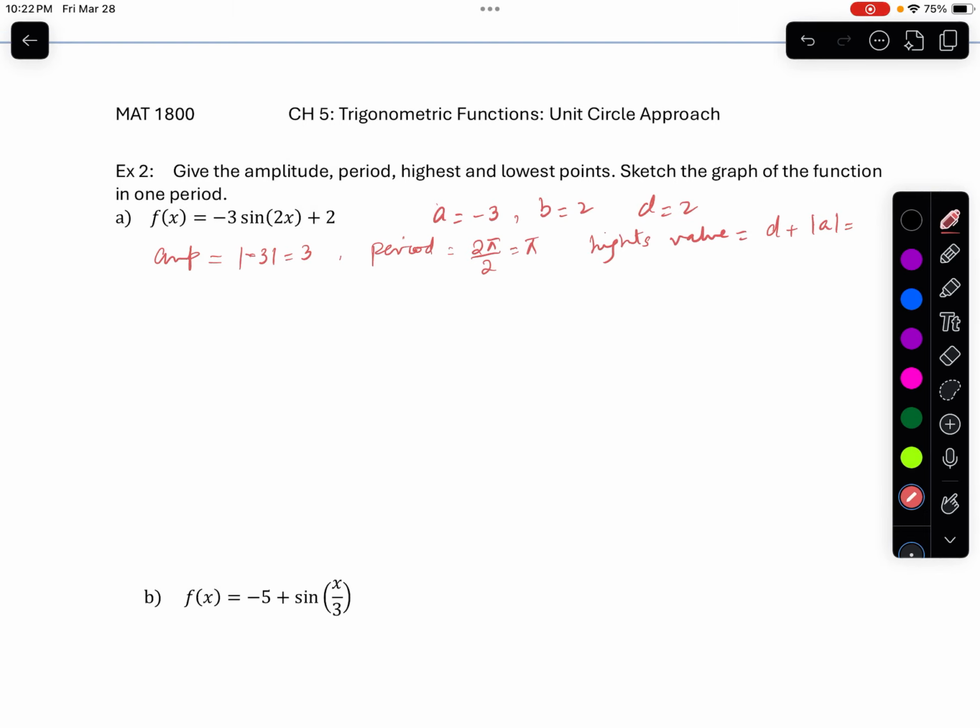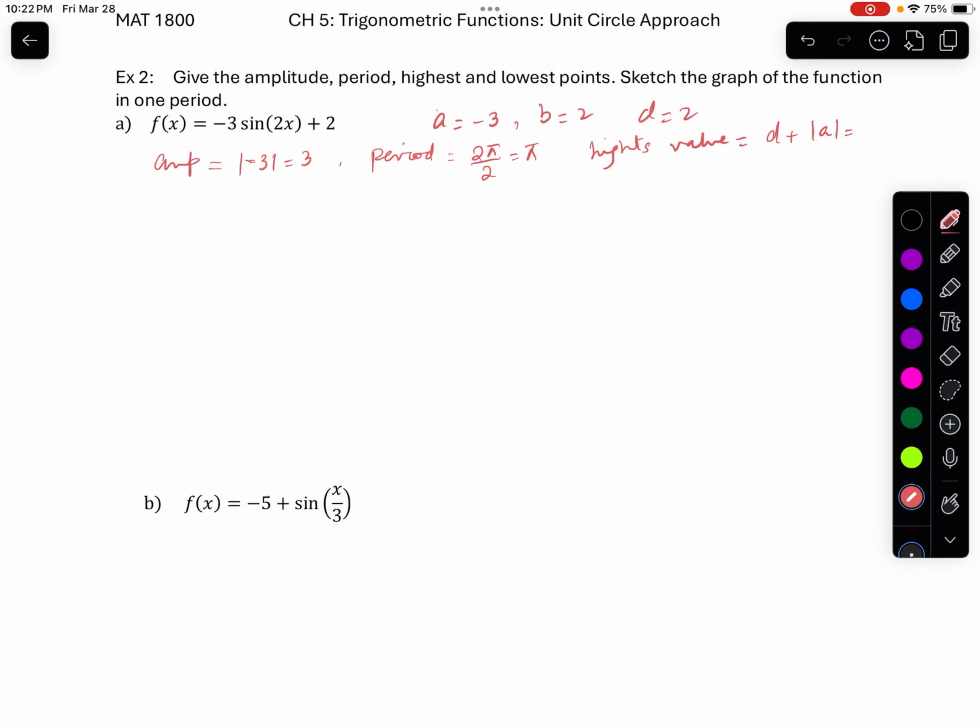So d is 2 and amplitude is 3. The highest value will be 5, and the lowest value or the smallest value will be d minus the amplitude, so it will be 2 minus 3, which will be negative 1.